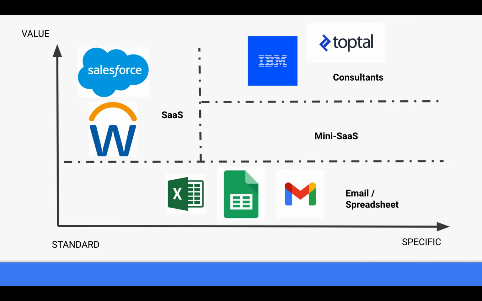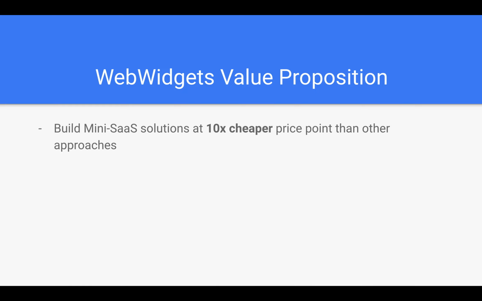It's more important and more valuable than simple spreadsheets can help with, but it's not so valuable that you're willing to spend $1 million to hire IBM to build it for you. Right, so I actually believe there's quite a few workflows that fall into this category. And my value proposition for WebWidgets is that I can build mini SaaS solutions 10 times cheaper than other approaches.